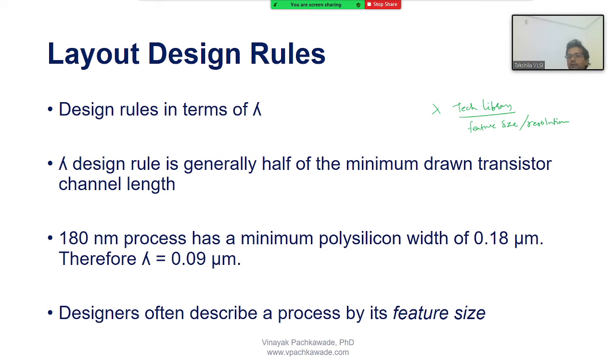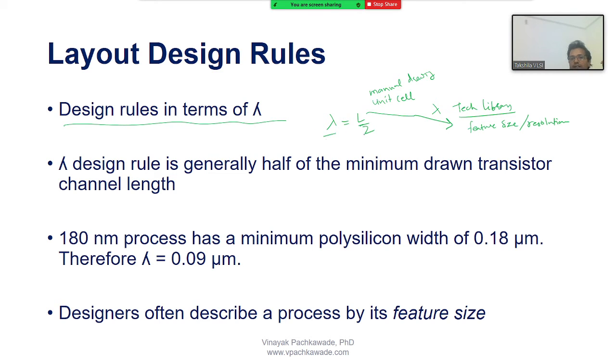So some manual layout, if you are an expert in manually drawing the layout of your unit cell using the design rules in terms of lambda. Lambda would be L by 2, where L is the resolution or the feature size, or let's say the channel length, if you recall, I have explained to you.